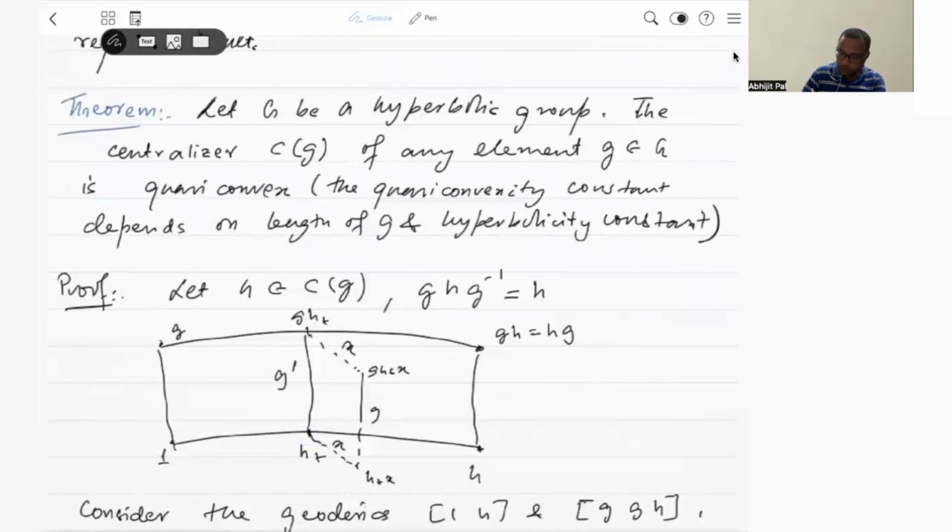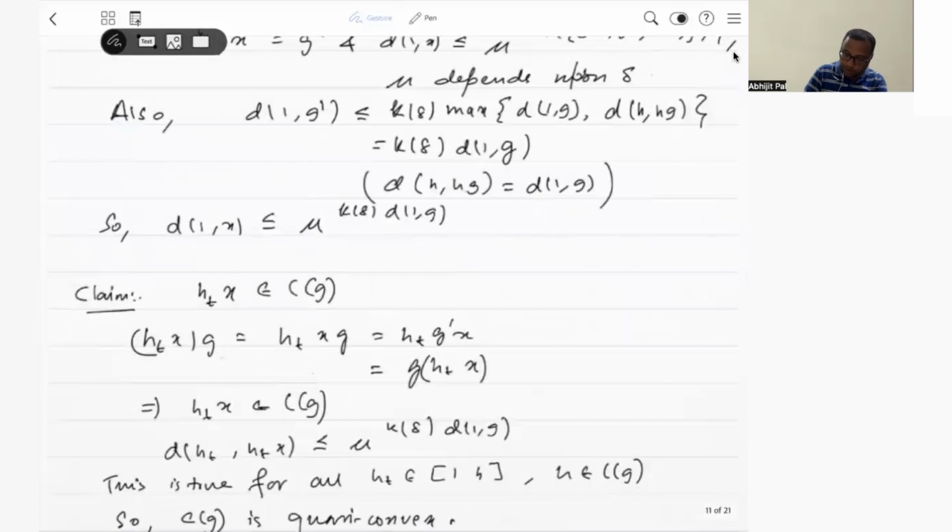So we'll show that this h_t x in fact lies in the centralizer. And we know that the length of this x is bounded in terms of the hyperbolicity constant and the length of g.